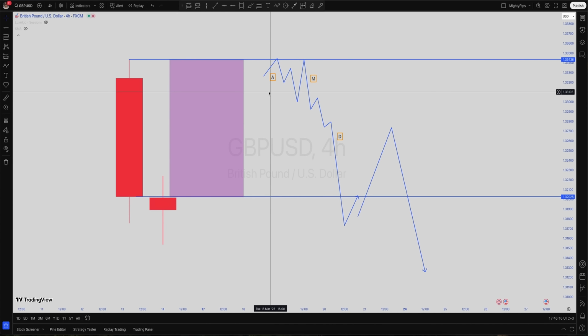Accumulation is where the orders are accumulated before the market manipulates those orders, maybe going to where there is liquidity to grab, like the stop losses, or fetch more orders by manipulating. Then after that, the market distributes to the direction which the market wants to go for that day, or for that 4-hour, or for that 5 minutes, okay?